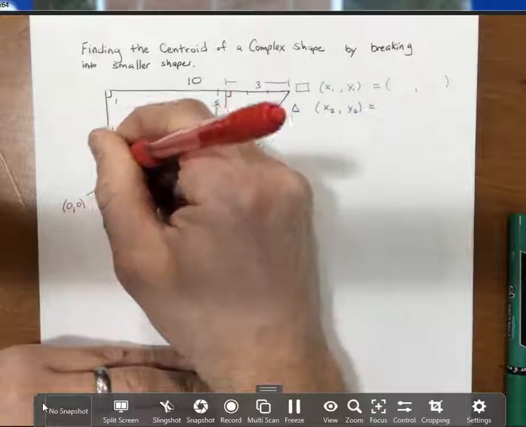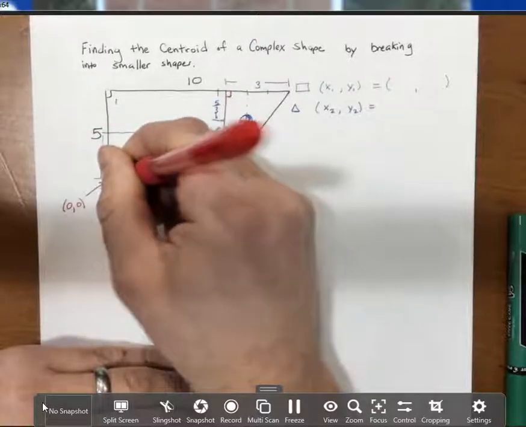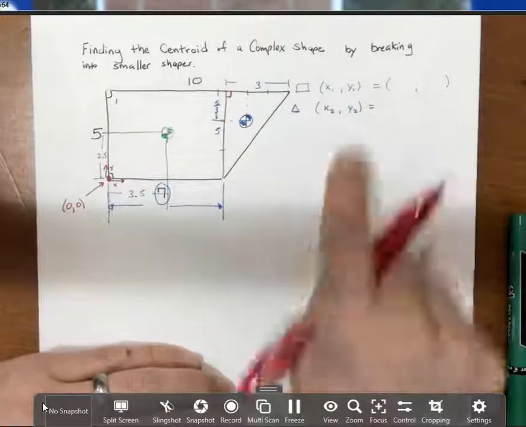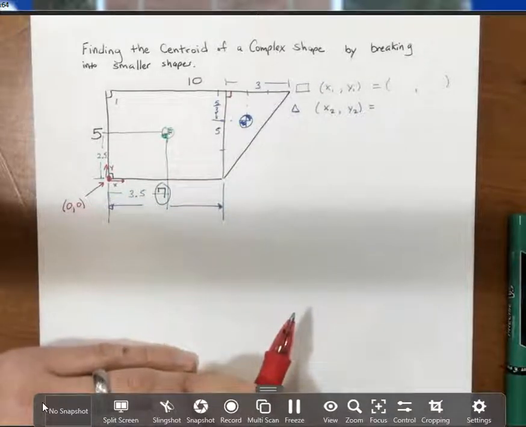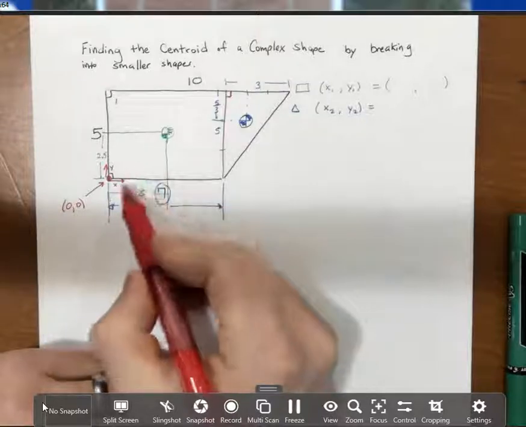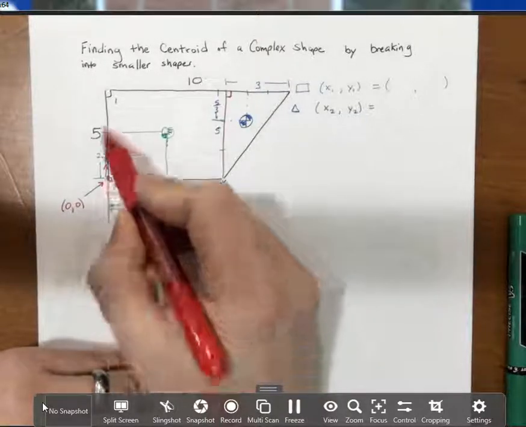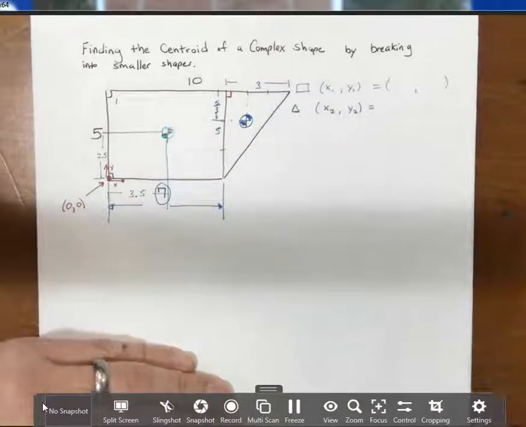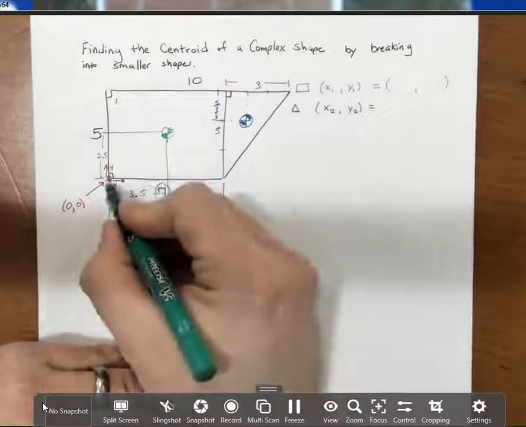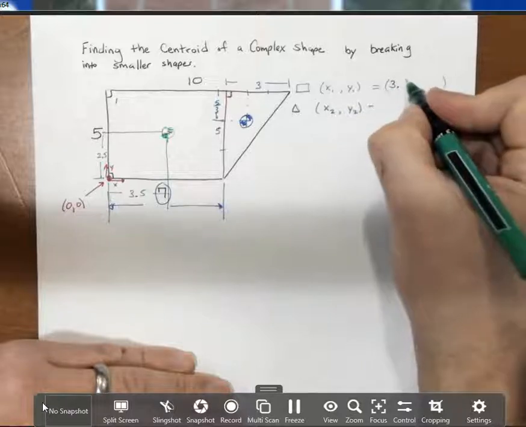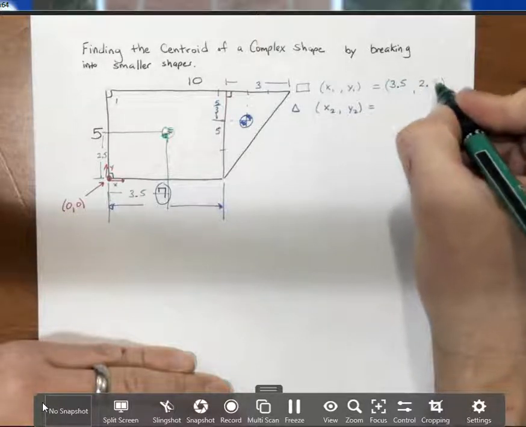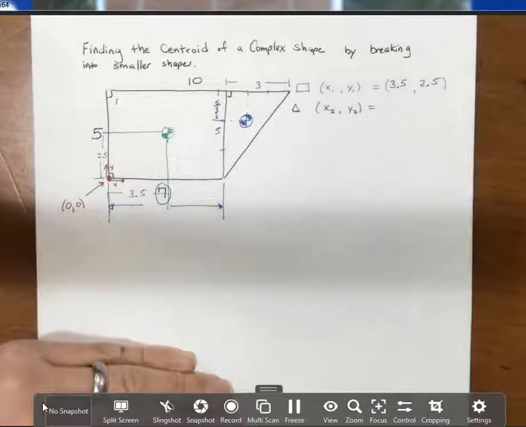So basically, this is my y-axis, and this is my x-axis. Okay. When you record these ordered pairs, they have to have their origin in common. Well, the rectangle, we found those distances from that corner, so that's easy. We're just going to come over 3.5. That is, if that's the origin, that's right 3.5. And then we went up 2.5. Okay.